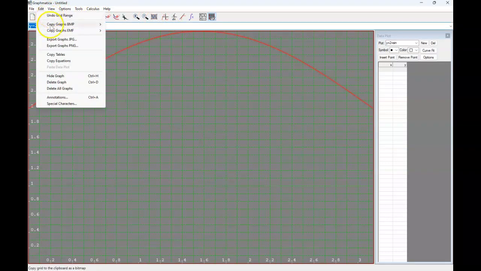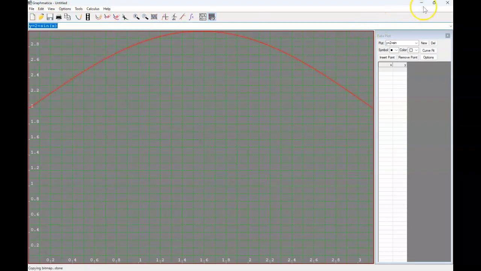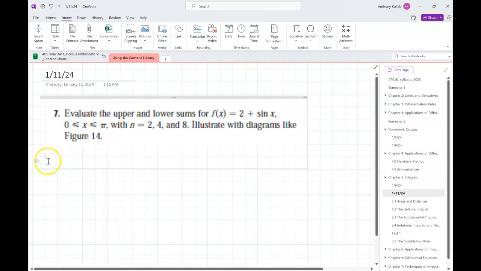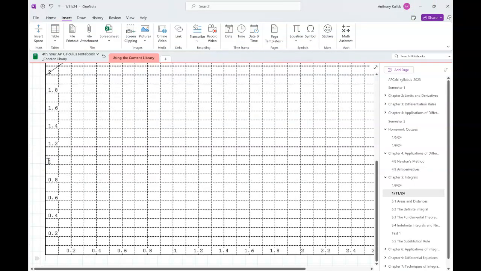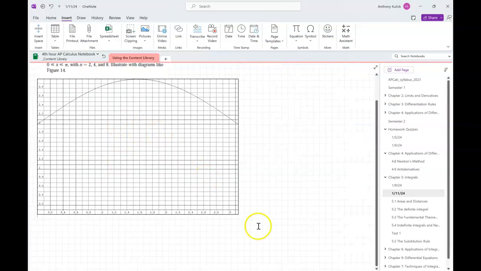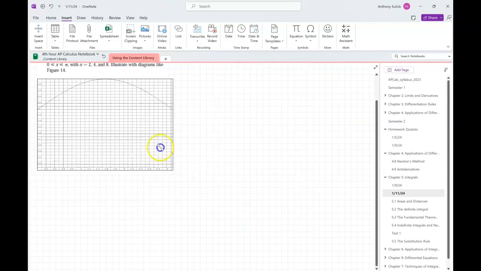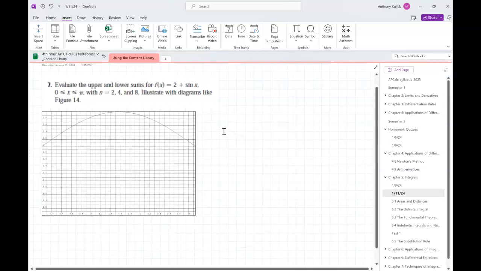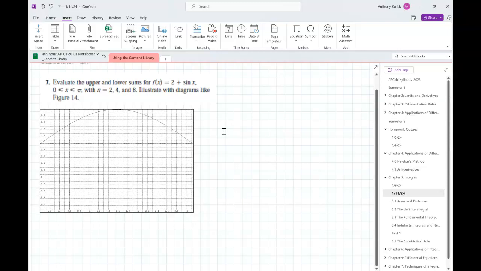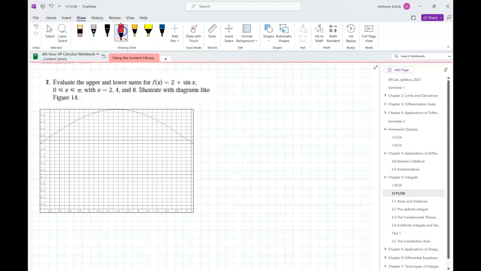I'm going to just grab that and drop it in here, and then try to make it a respectable size. Okay. So I want to talk about what the book means by upper and lower sums.